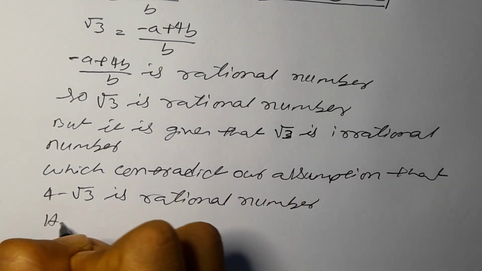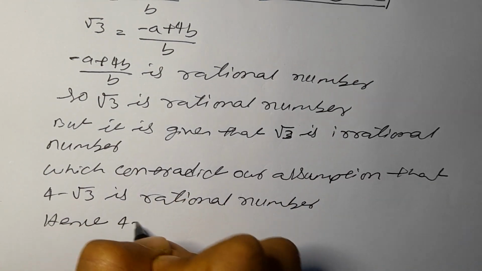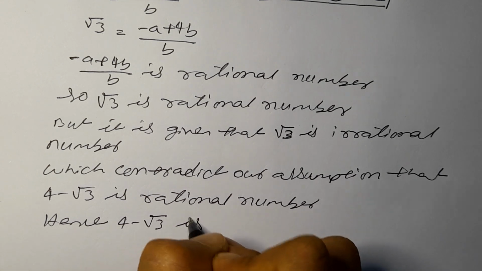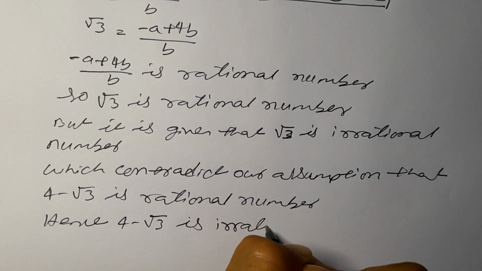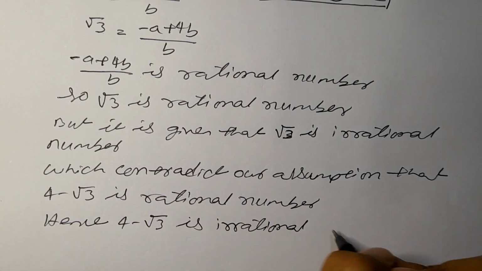Hence 4 minus root 3 is an irrational number.